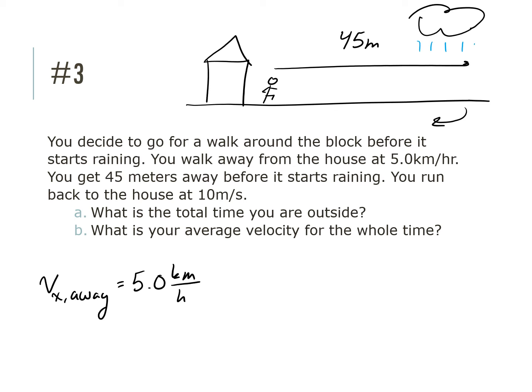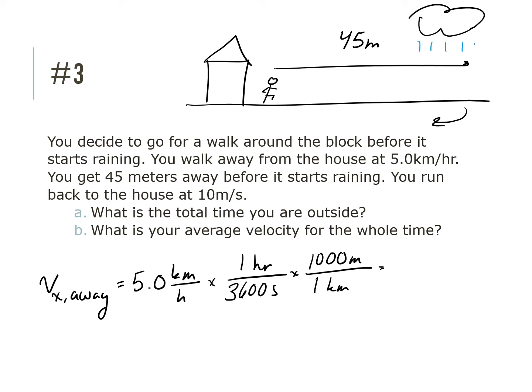Now, all of my other distances are given in SI units, so it makes sense to do my unit conversion. I know that 1 hour is 60 minutes, and every minute is 60 seconds, so that's 3,600 seconds. 1 kilometer is 1,000 meters.